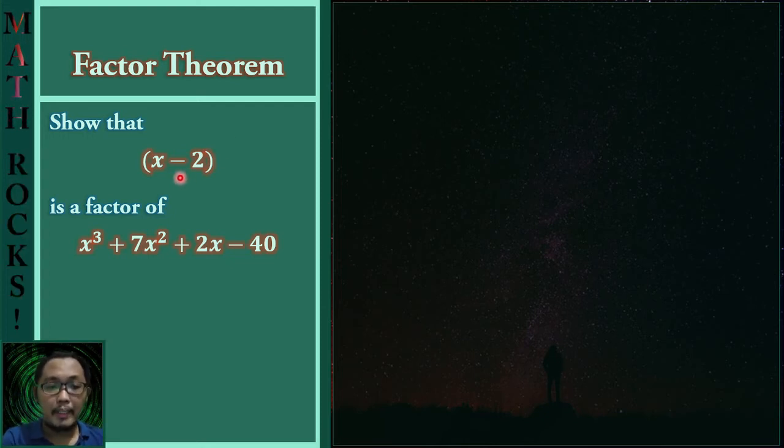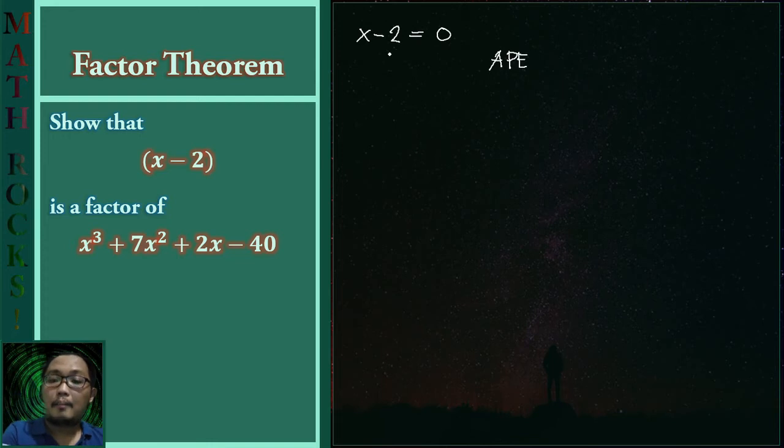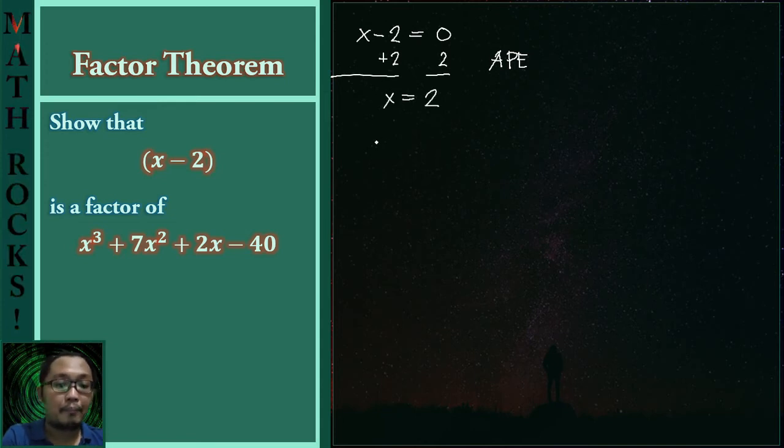Since this will be the divisor, we have to identify first the value of c by equating this to 0, so that we must be able to rewrite this as x equals c. Doing so, we apply APE by adding a positive 2 to both sides of the equal sign, giving us the value of x equal to positive 2.